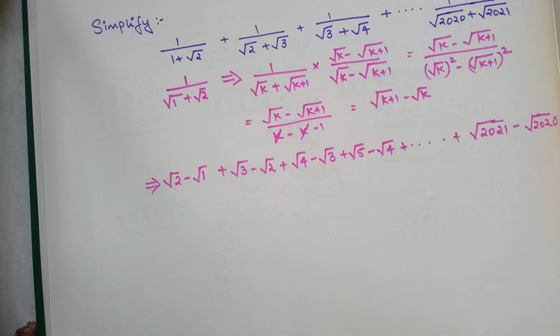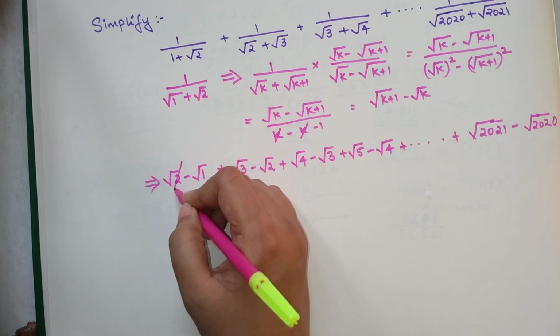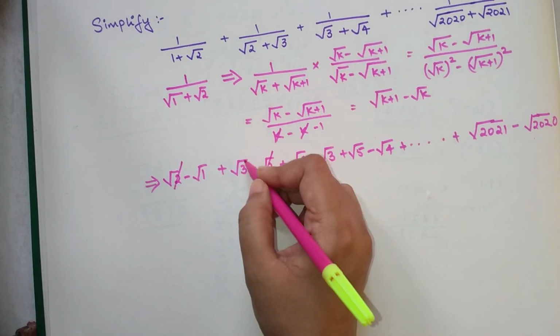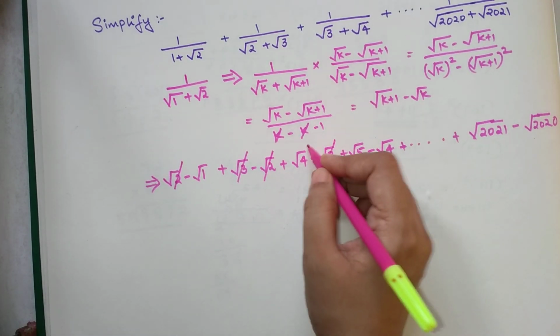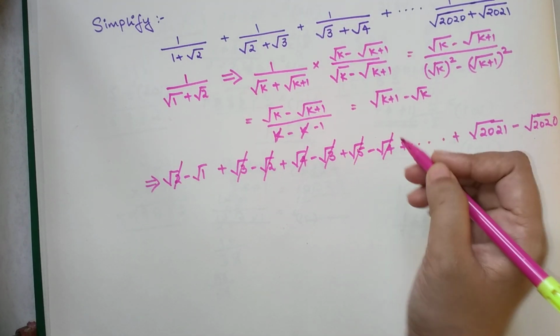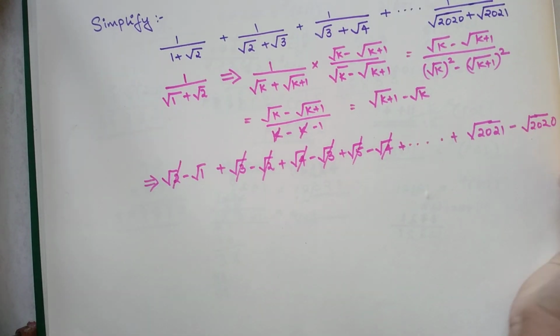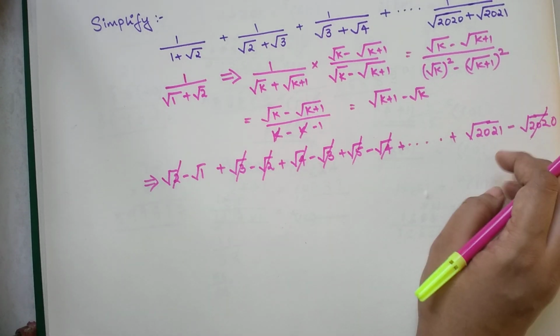Now as we see, root 2 and negative root 2 get cancelled, root 3 and negative root 3 get cancelled, negative root 4 and root 4 get cancelled. Obviously root 5 will also get cancelled by the next consecutive addition. Similarly, root of 2020 will also get cancelled.